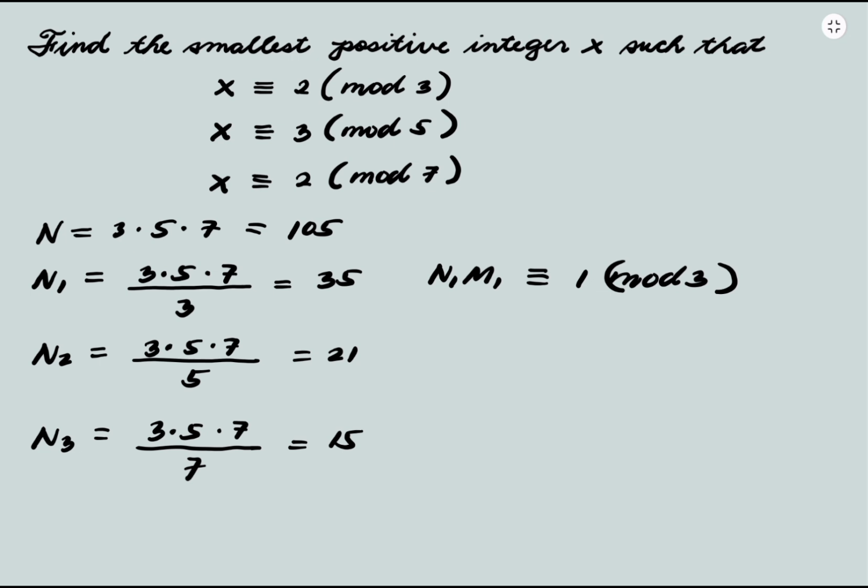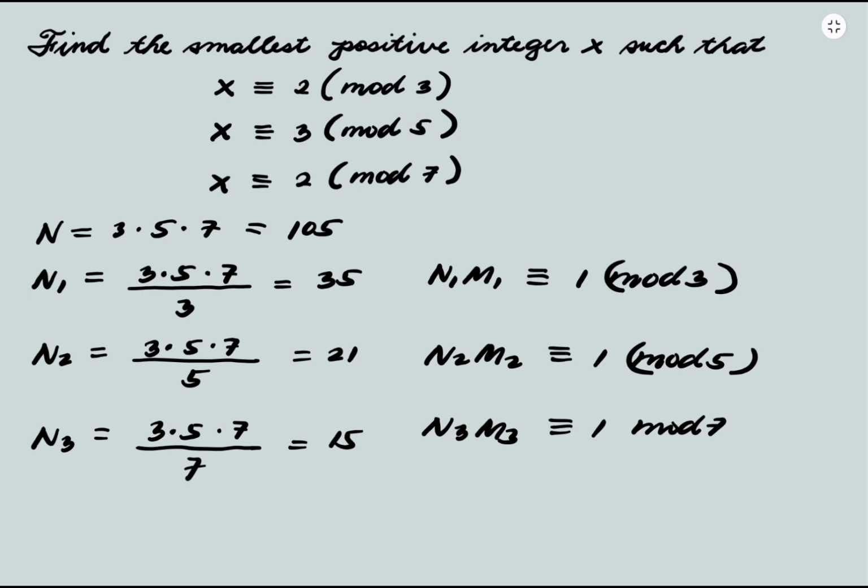Take note, if we multiply two numbers and the answer is 1, then the two numbers are inverses of each other, right? So now we have n sub 2 times m sub 2 must be congruent to 1 modulo 5. And n sub 3 times m sub 3 must be congruent to 1 modulo 7.